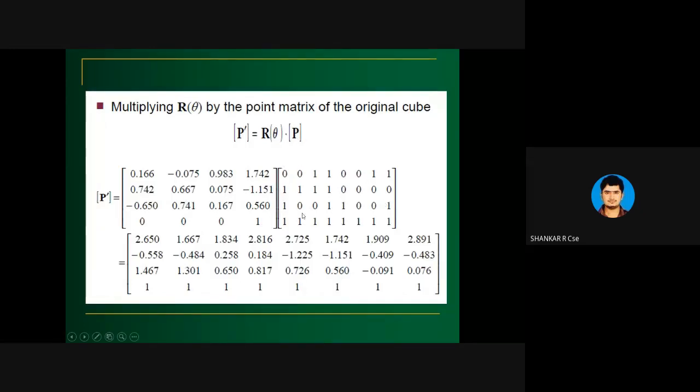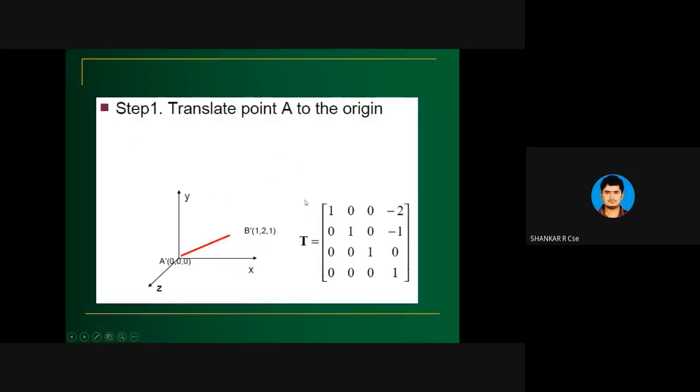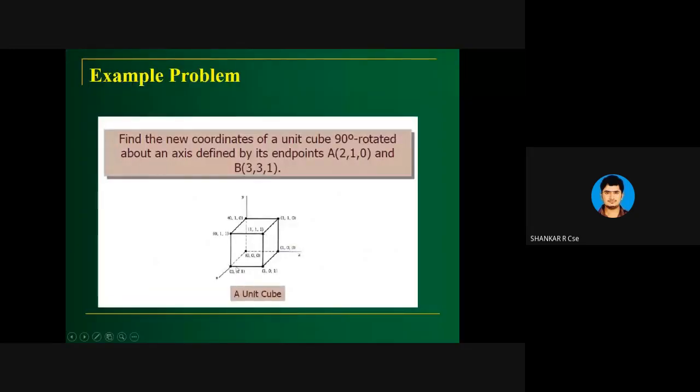Now how did we get this P? You can see here there are 8 columns and 4 rows. Forget about the fourth row, that is homogeneous, everything is 1. Now consider the first column, 0 1 1, 0 1 0, 1 1 0. What are these? Those are these points: 0 0 1, 0 1 1, 0 0 0, 1 1 1.